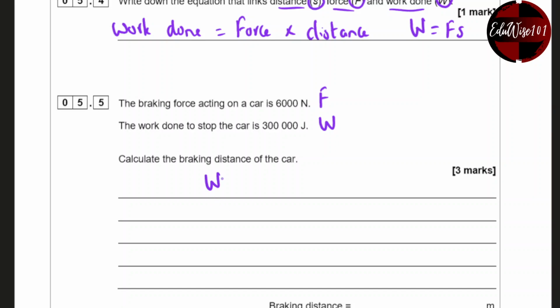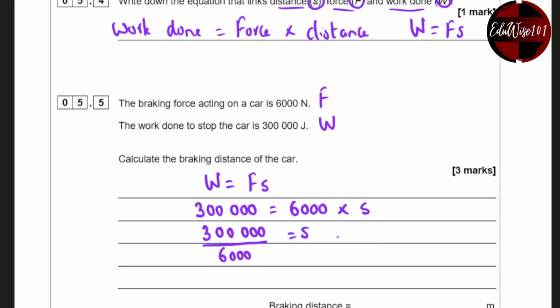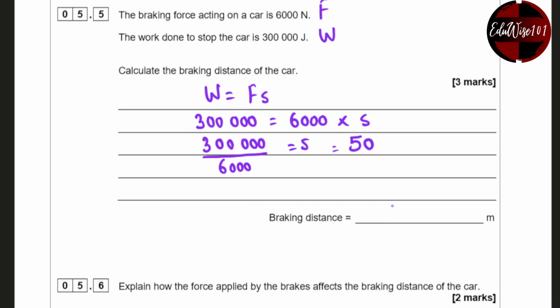So W equals F S. Work done is 300,000 equals the force, 6,000, multiplied by the distance, which is S. So rearranging it, 300,000 divided by 6,000 equals S, which is 50. So it is 50 meters.